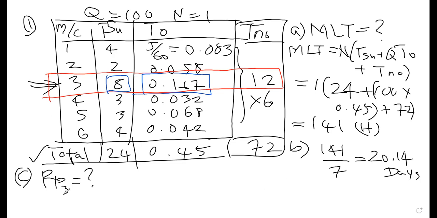To calculate this, you use 1 over TP, and you will know the RP. So you need to calculate the TP first.